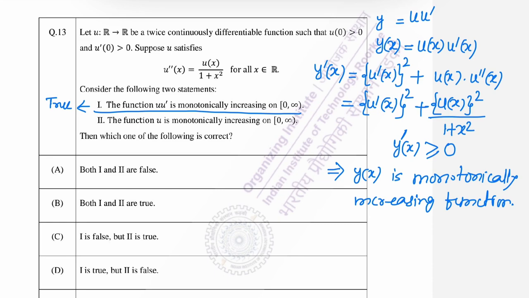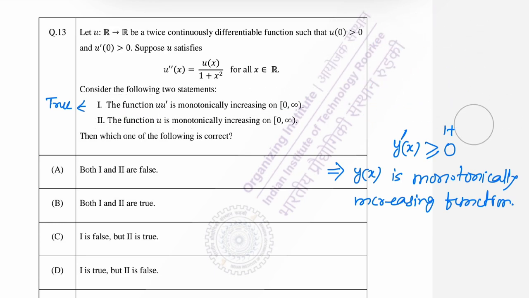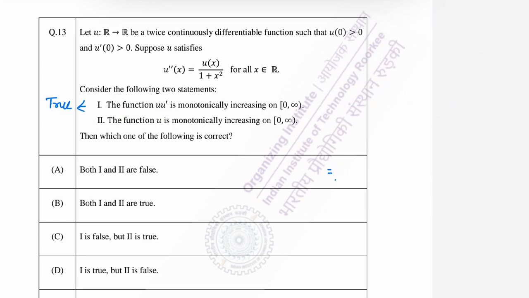Now I check the second statement, and for that I erase this area. Okay, now I go for the second statement, and for the second statement I type in red.